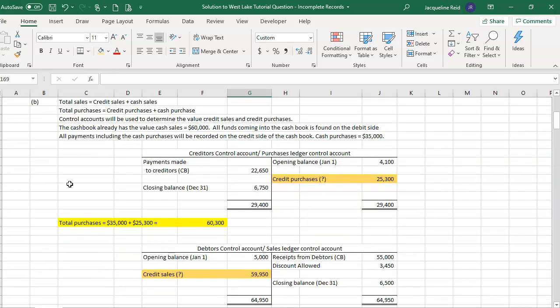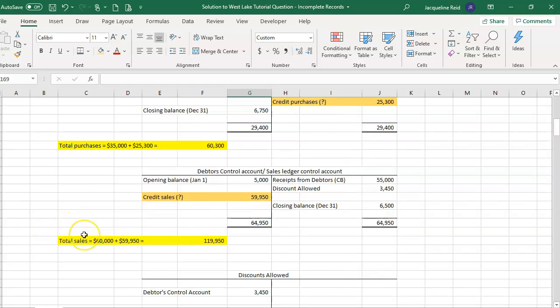From part B, we had worked out the total sales and the total purchases. And those two figures, we need them. So I'm going to pick up 60,300 for purchases.